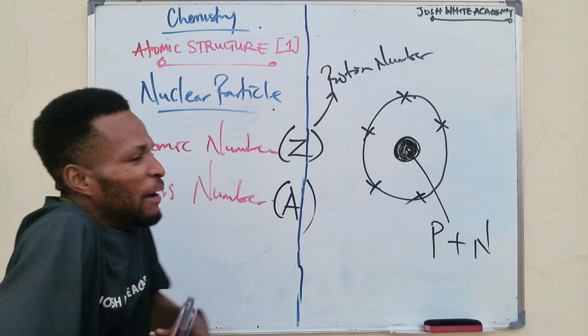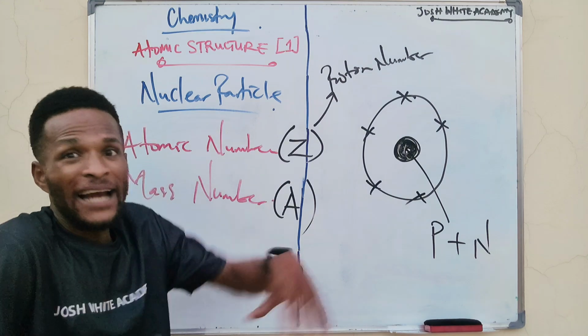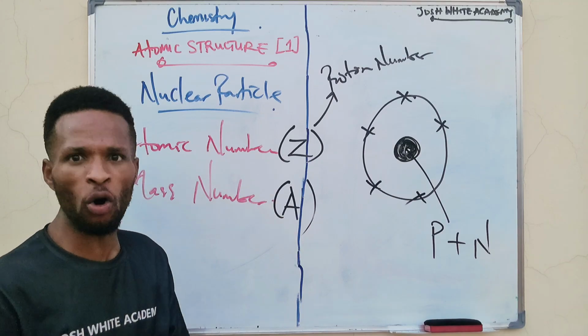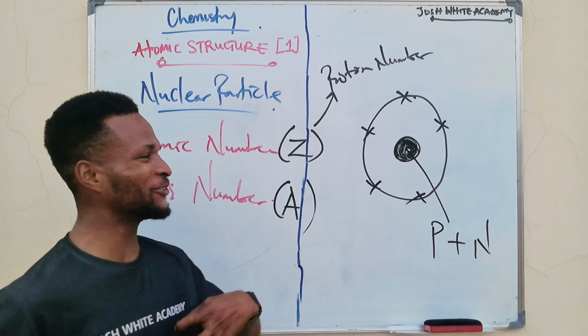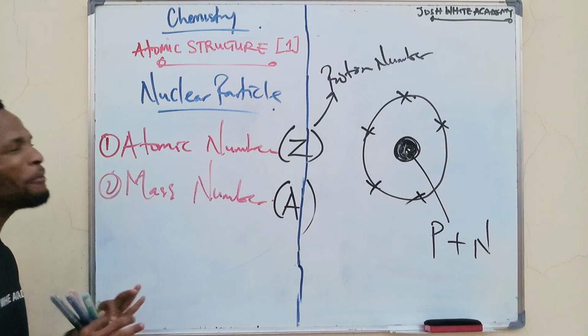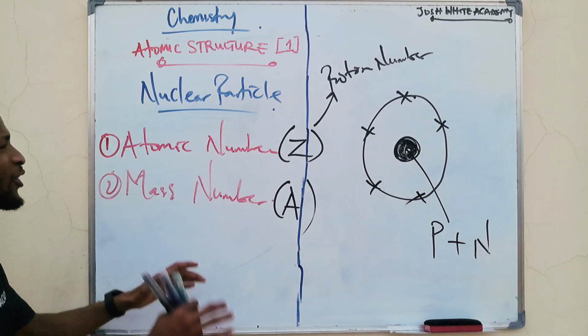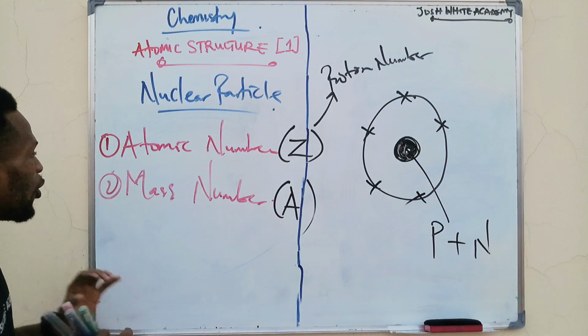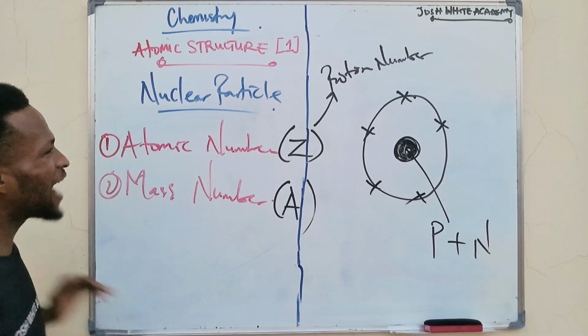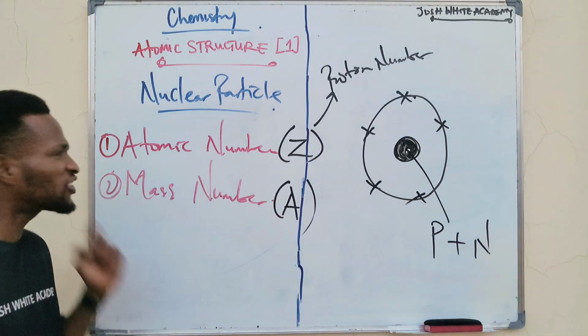That means proton and electron are the same. That means in a neutral atom, electron has not been lost or gained. So the atomic number is the number of protons in the nucleus of an atom, or the number of electrons in a neutral atom.